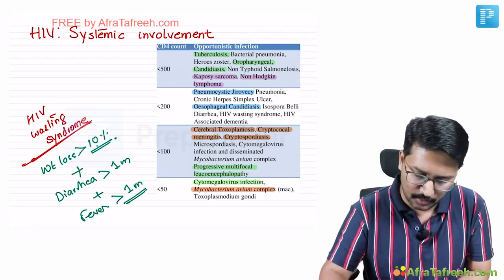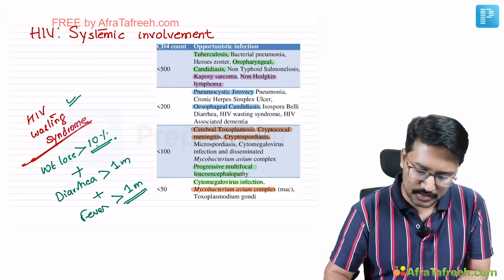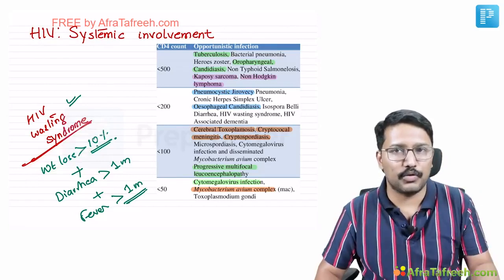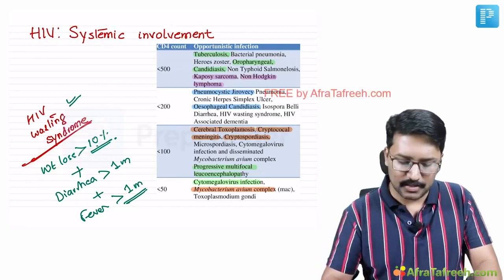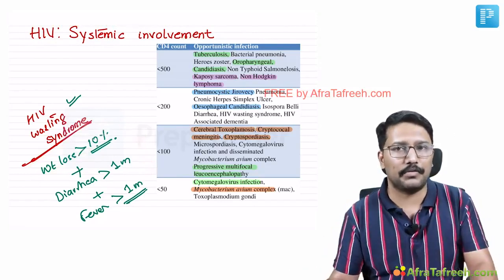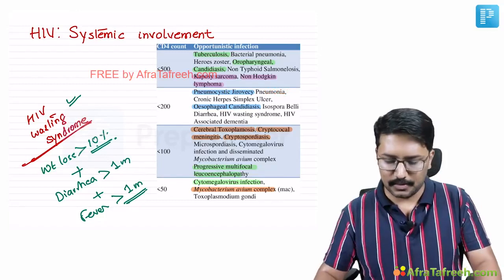This is what we call HIV wasting syndrome. Just weight loss of more than 10% is stage 3 according to WHO HIV staging, and stage 4 is where we have HIV wasting syndrome, right? This is equivalent to an AIDS defining illness, right?